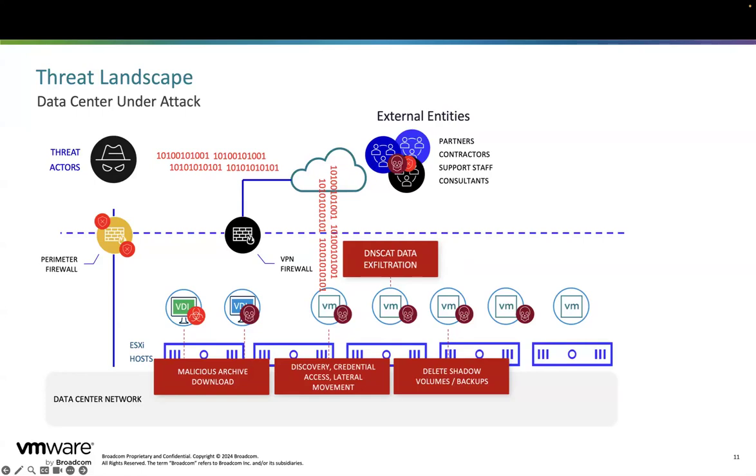Most attackers understand that there are technologies to help recover. And if they have the ability to find the shadow volumes and backups, that's a greater chance of somebody paying the ransom if the backup no longer exists.